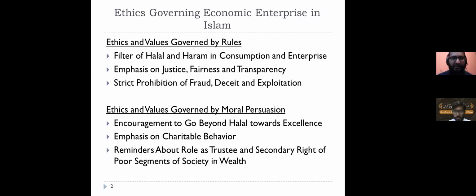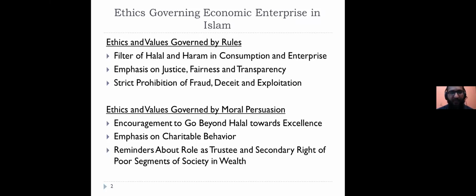So there are two sets of principles that govern Islamic behavior in Islamic finance. One is the set of rules which have to be followed in true spirit and in true letter. And then there are certain principles which have the element of moral persuasion. So there is encouragement towards excellence, even though this is not made compulsory, but the ideal is that we go towards excellence.